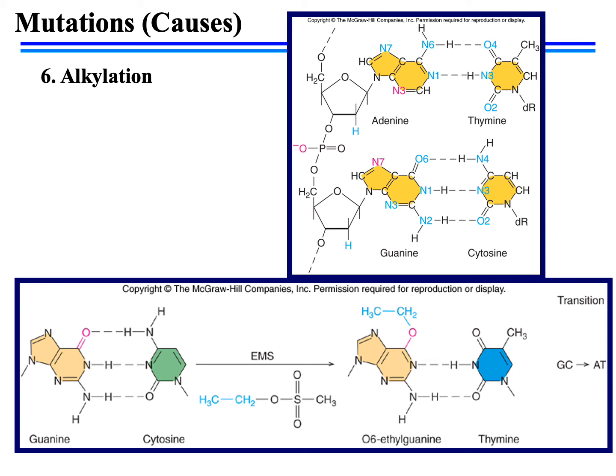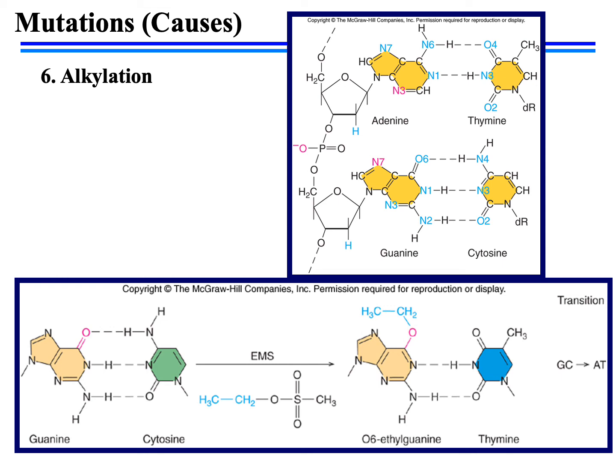In the top figure, you see the correct or normal type of base pairing we would see between adenine and thymine, and guanine and cytosine. In the bottom figure, you can see that guanine has been alkylated by a chemical agent known as EMS, which is short for ethyl methane sulfonate, also known as mustard gas.